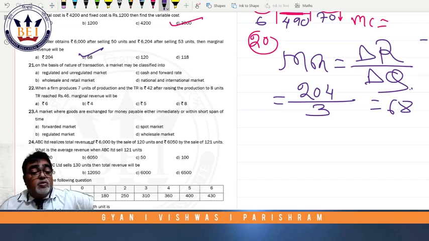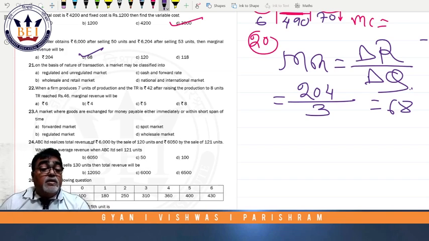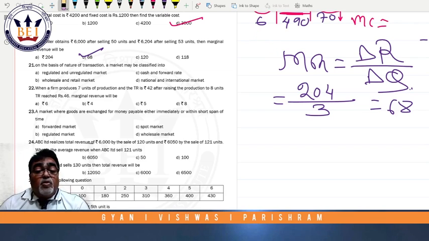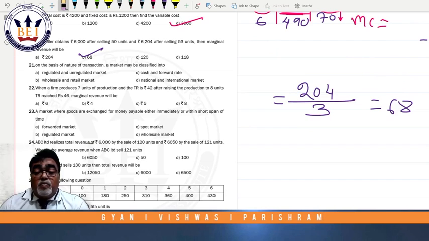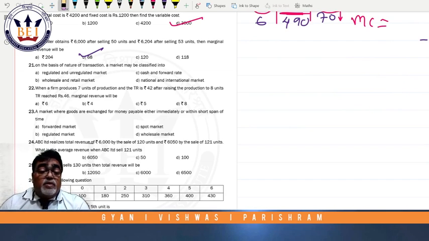Now we'll switch to 21. On the basis of nature of transaction, a market can be classified into regulated, unregulated, wholesale, retail, cash and forward, national and international market. Just to confuse you and add ambiguity, they have given this. Regulated, unregulated would be a capital market or digital market.